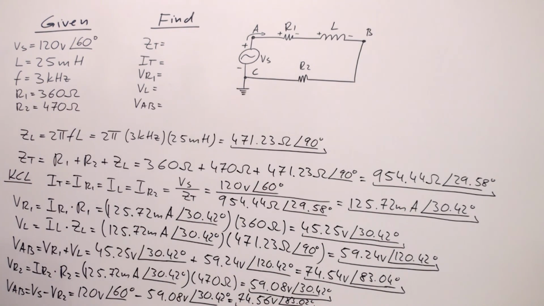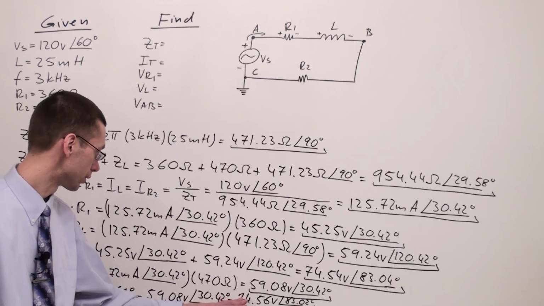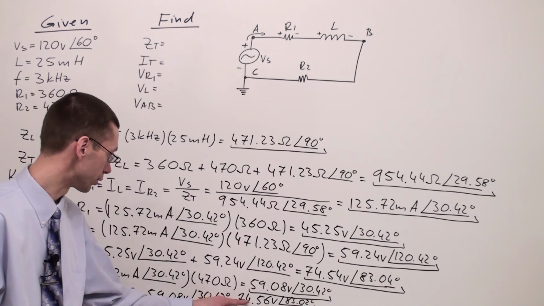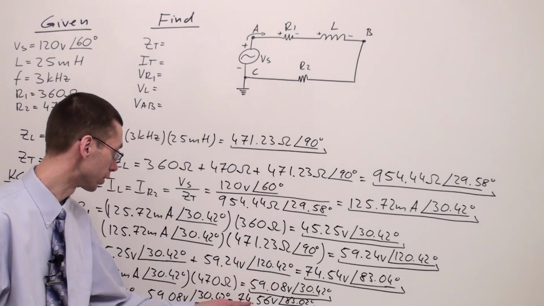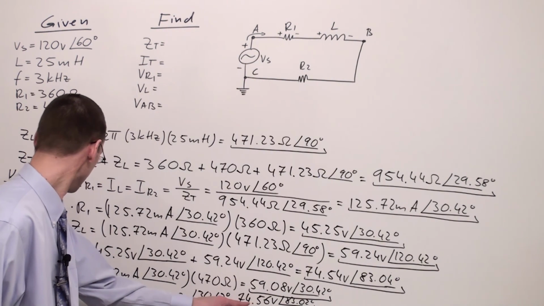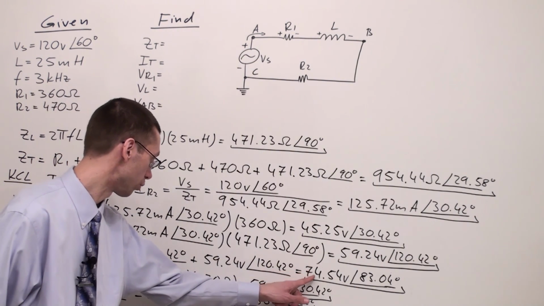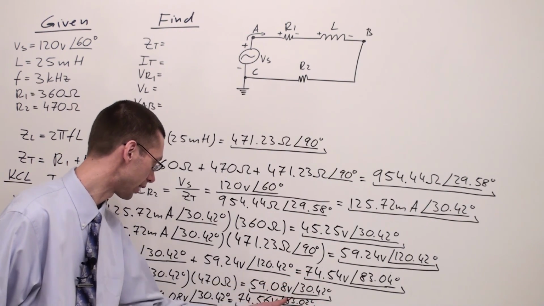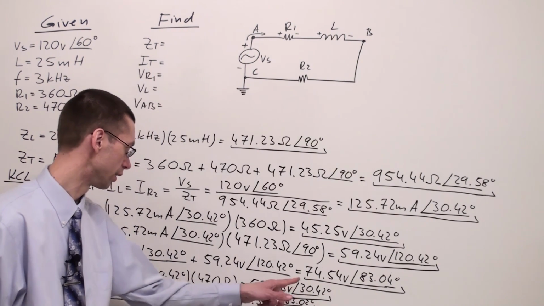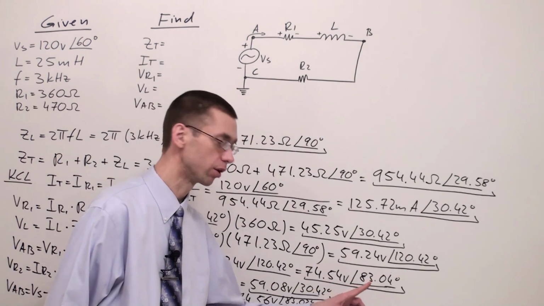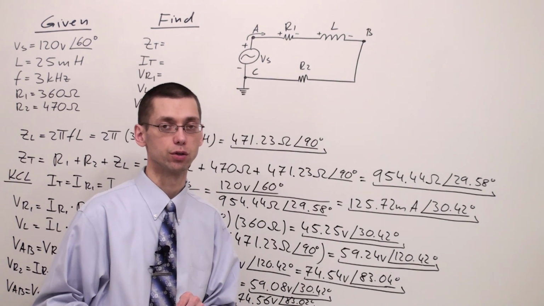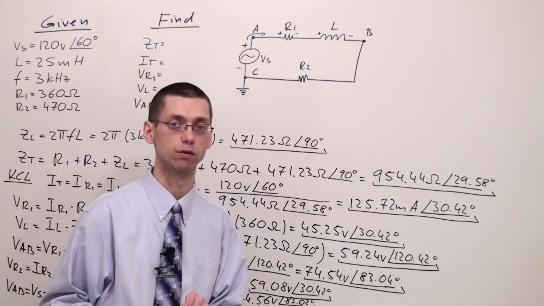So please notice that we got VAB in two ways, and both values which we obtained, 74.56 and 74.54, and angle 83.02 and 83.04, are very close. So it means that the problem is solved correctly.